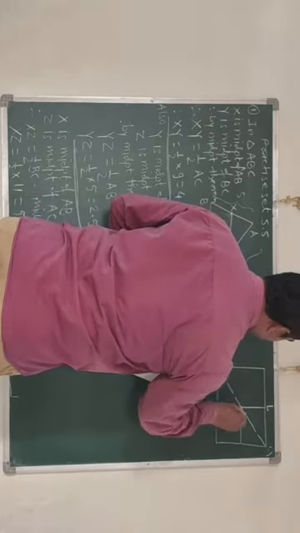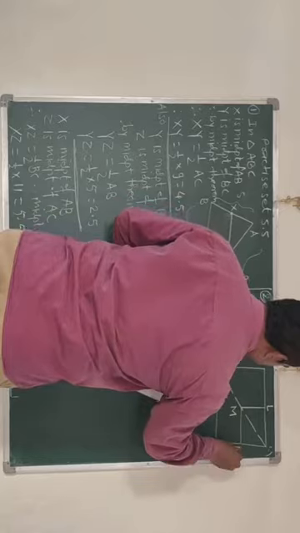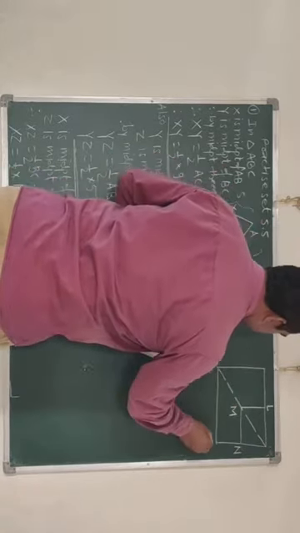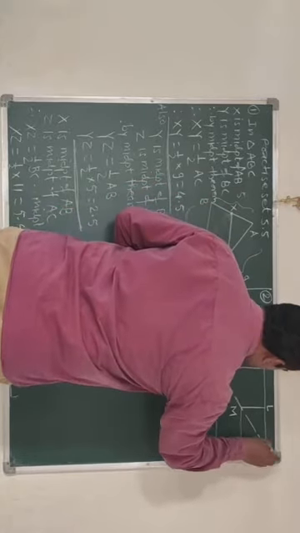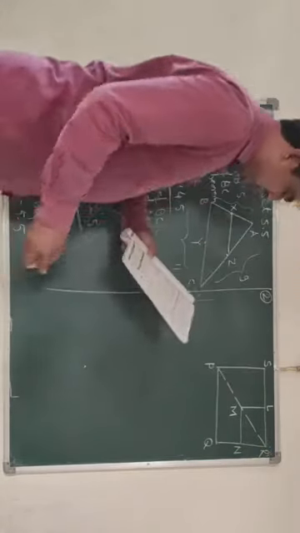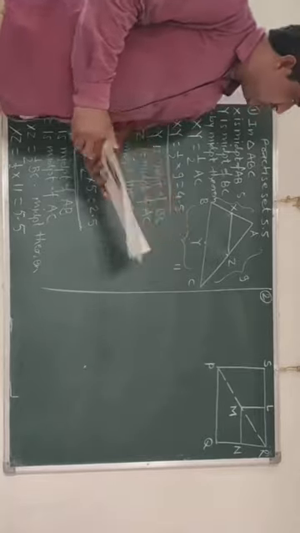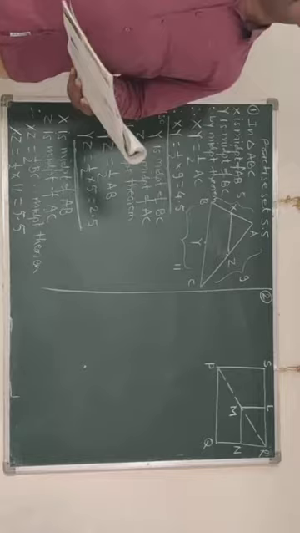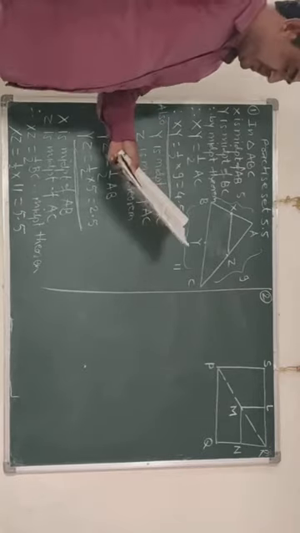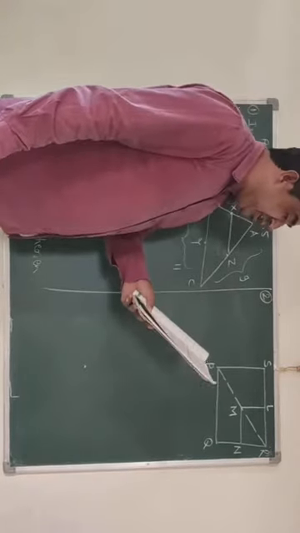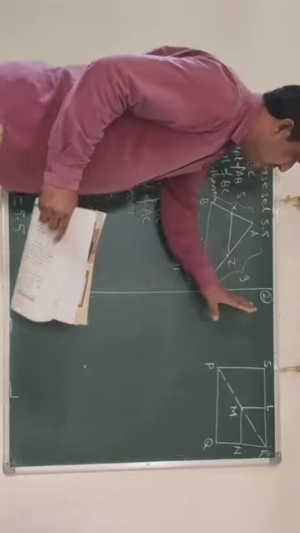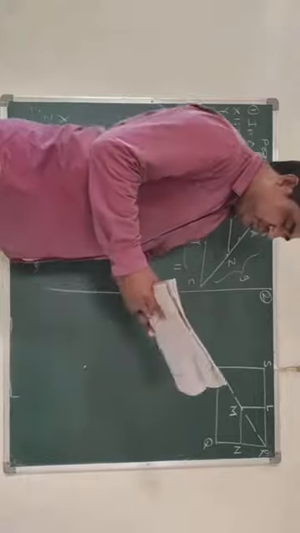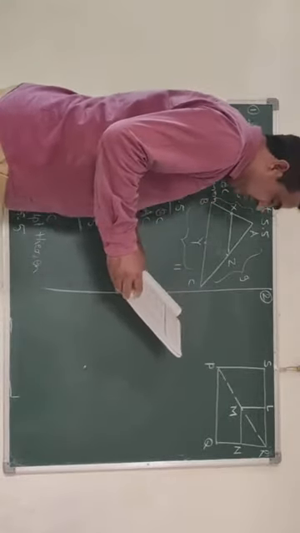L, M, N, P, Q, R, S. In this quadrilateral, PQRS and LMNR both are rectangles. And you are given that this point here is the midpoint. Then prove that SL equal to LR and LN equal to half of SQ.